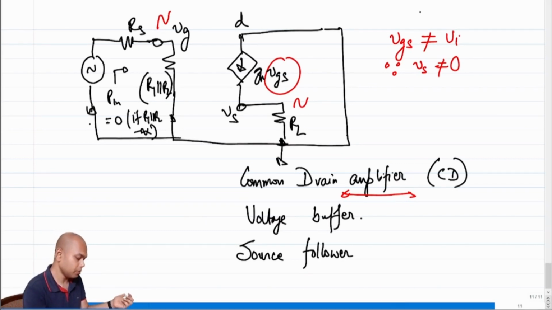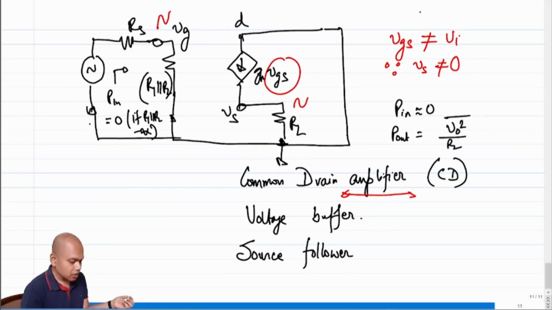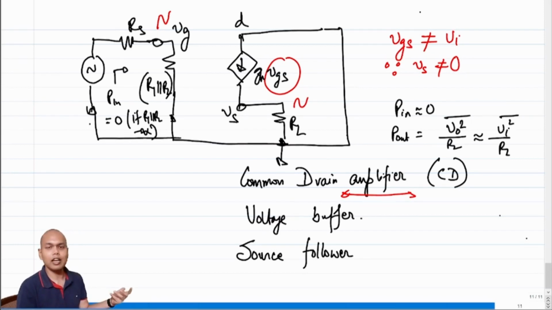So P in is almost close to 0 and P out is V0 square average over RL, which is approximately Vi squared average over RL. So this can still deliver power. So you are getting power amplification, right? Since you are getting power amplification, this still falls under the category of an amplifier. Okay, great.